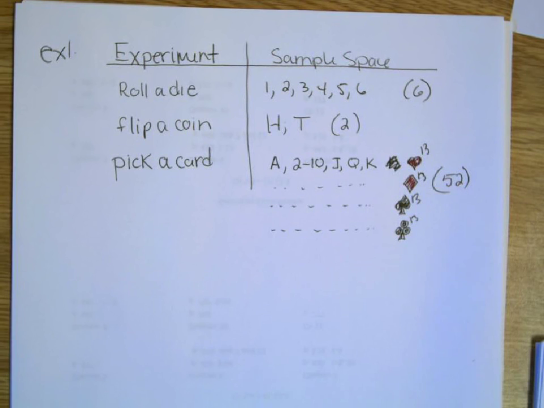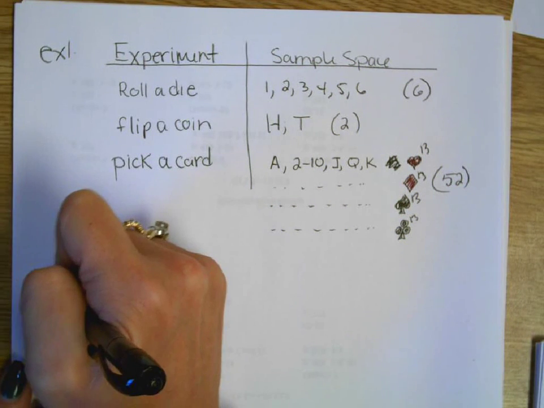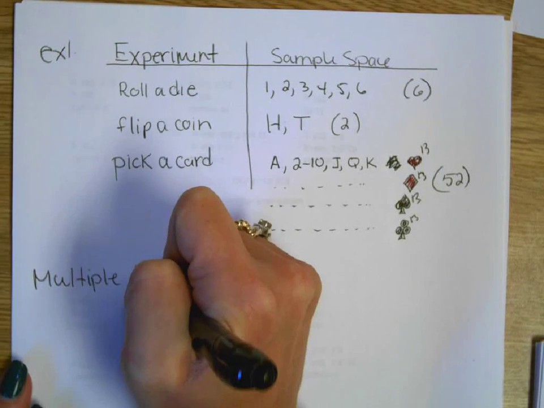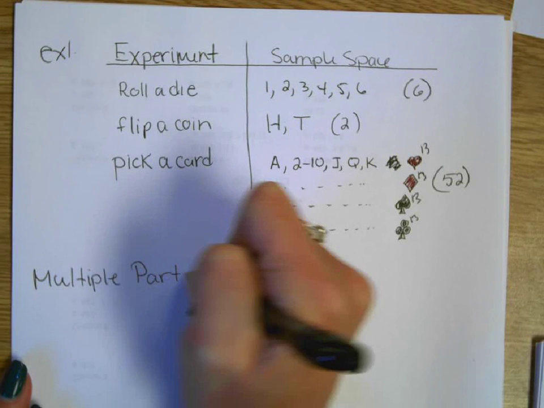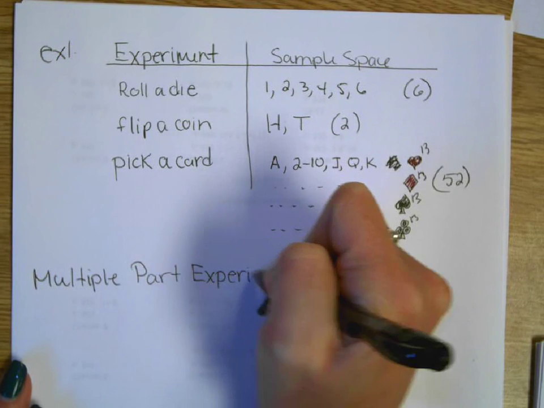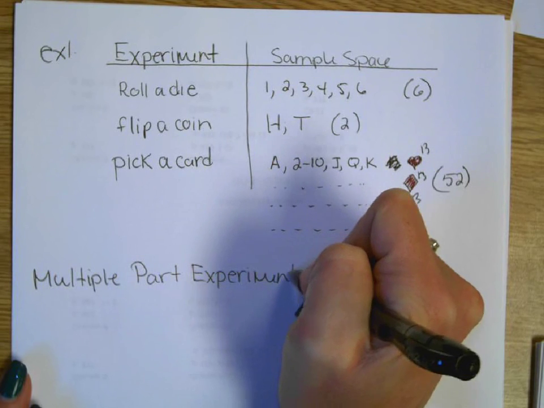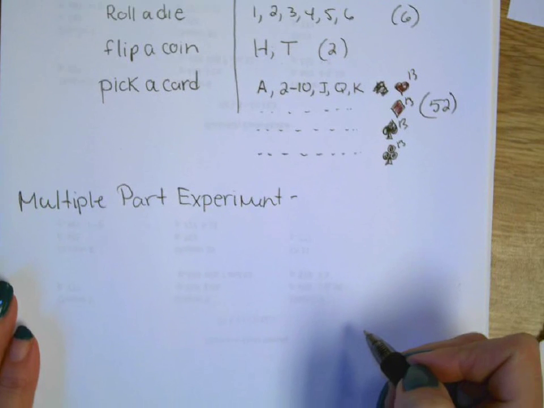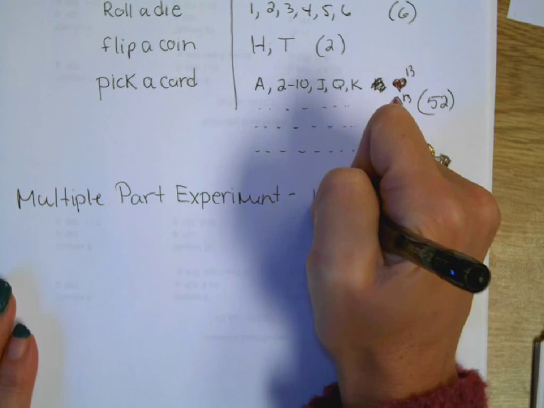Now, we want to talk about multiple part experiments. This is where it gets a little more challenging. What's going to help you see the sample space is to draw a tree diagram.